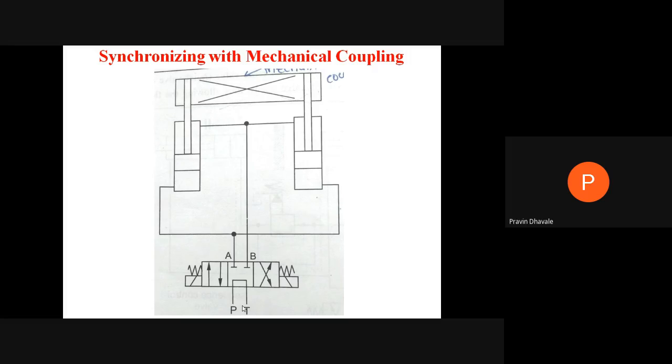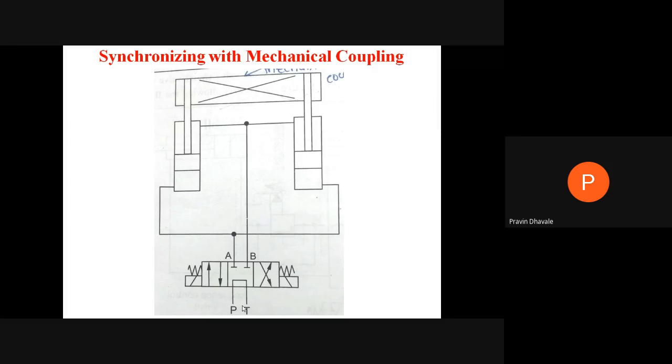So that is called synchronization of the motion, and it is achieved by two types. The first one is mechanical coupling, and second, a flow dividing valve is used. There are two methods by which we can carry out the synchronization. The first type we have just studied, that is synchronizing with the mechanical coupling.